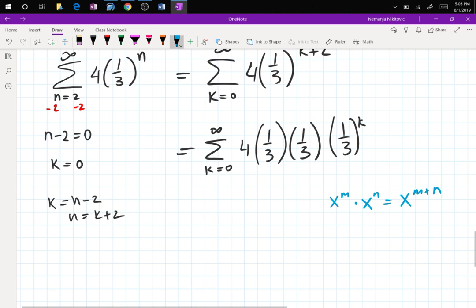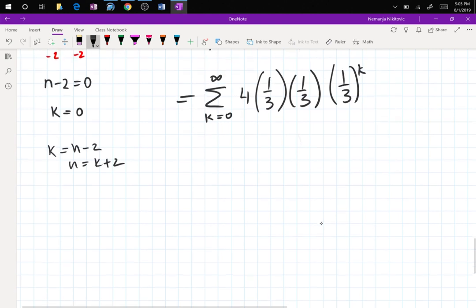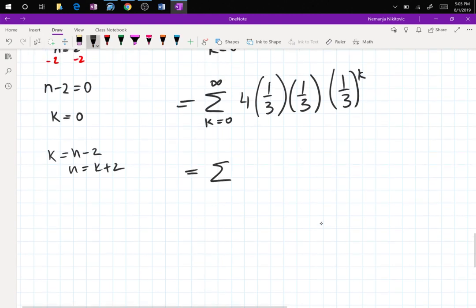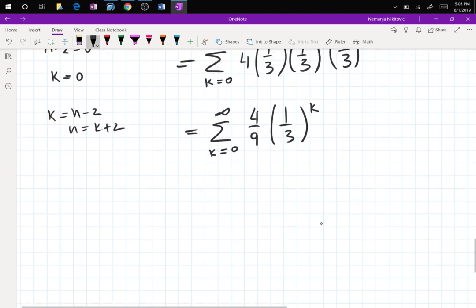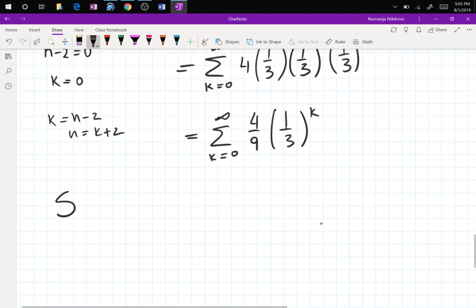So now we say summation, k starts at 0, goes to infinity, and you have 4 over 9, 1 over 3 to the k. So is your a 4? No, a is 4 over 9. So now I can run the summation.